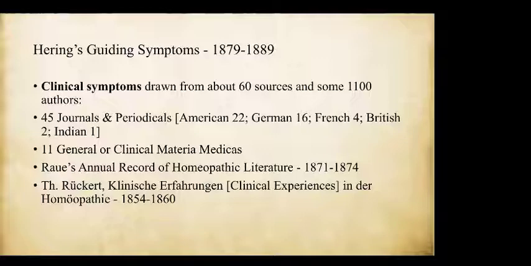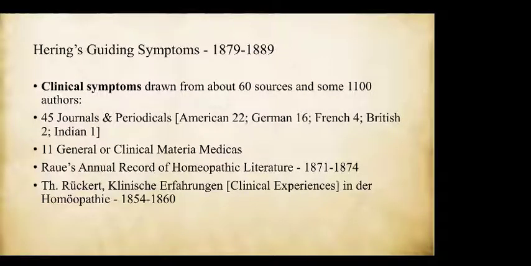11 general or clinical Materia Medicas were used, and then particularly Raue's annual record of homeopathic literature is often mentioned. That was a record of synoptic overviews of clinical cases and their symptoms related or cured by the particular remedies. Same for Rückert.